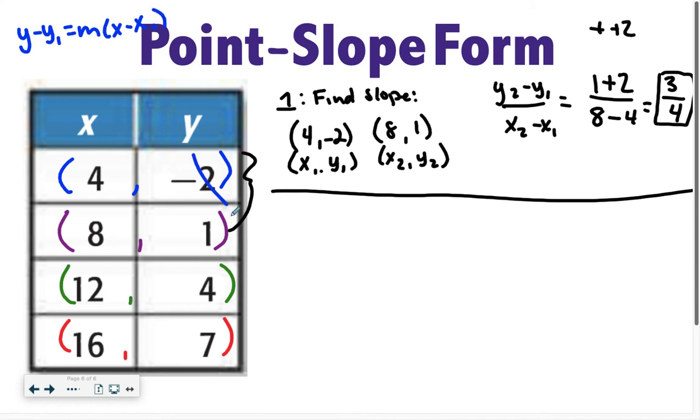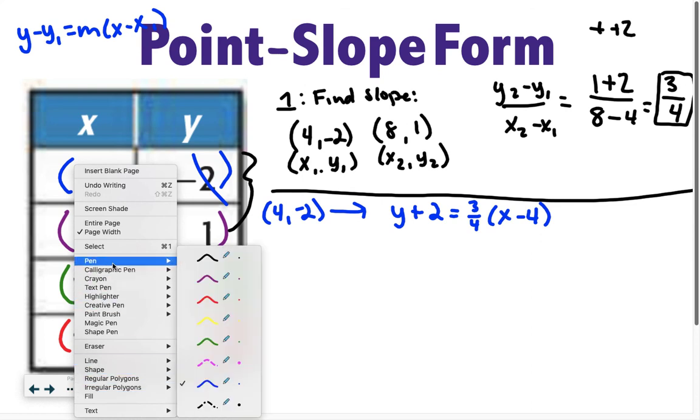Okay, so the first one would be 4 comma negative 2. My equation for this would be y minus y1. So y minus a negative 2, it's the same as y plus 2, equals my slope, which is 3/4, times x minus, my x value is 4. So that's the first possible answer.